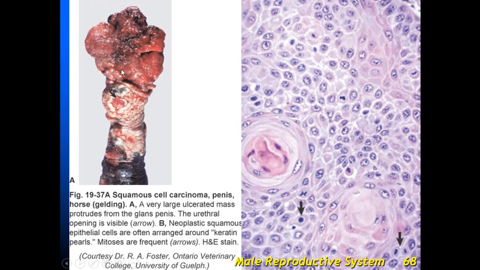So this reddish color here is related to hemorrhages, and the surface can be ulcerated like this here. There is an open wound indicating ulceration. Usually this occurs due to tumor invasion into the surface, into the surrounding tissue.